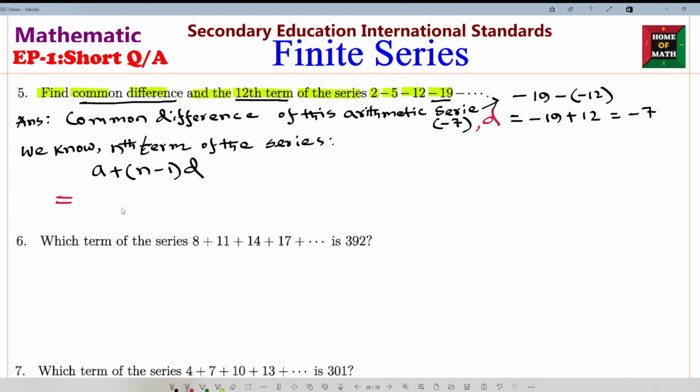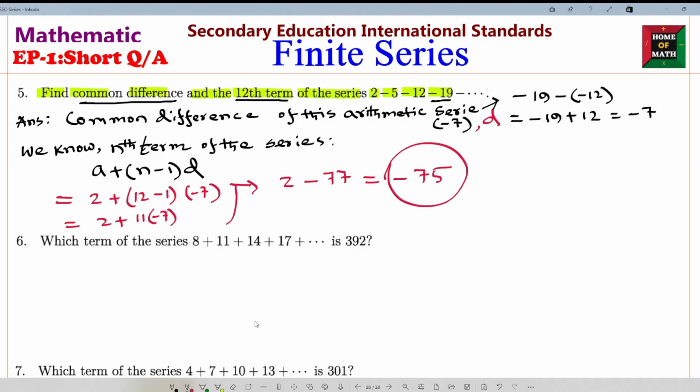So a means first term, which is 2, plus 12th term, so we can write here 12 minus 1, and common difference is d, which is minus 7. So we can write here 2 plus 12 minus 1, it will be 11, and then times minus 7. So 2 minus 77 equals to minus 75, and this is our answer.